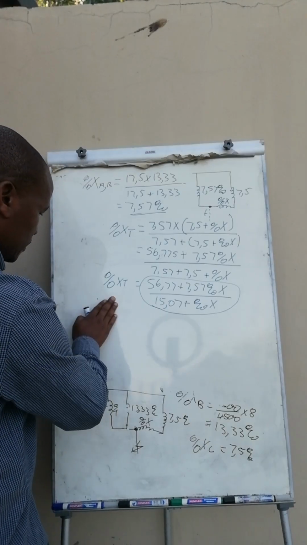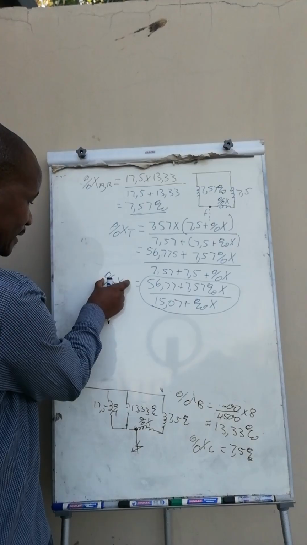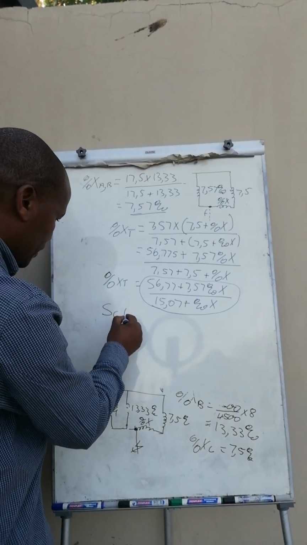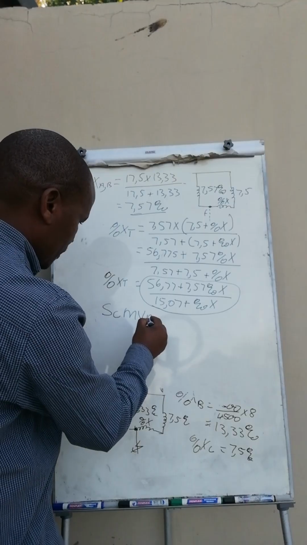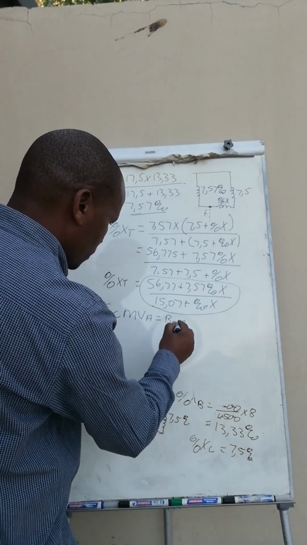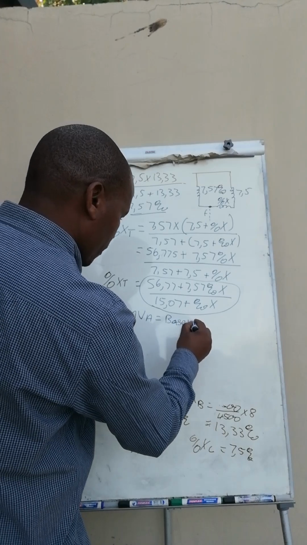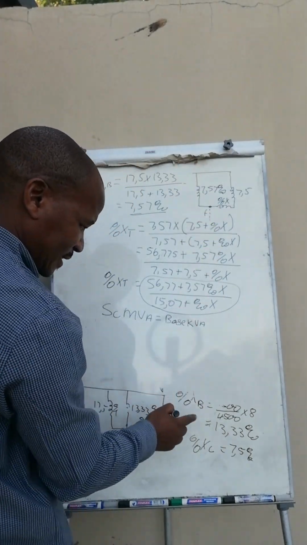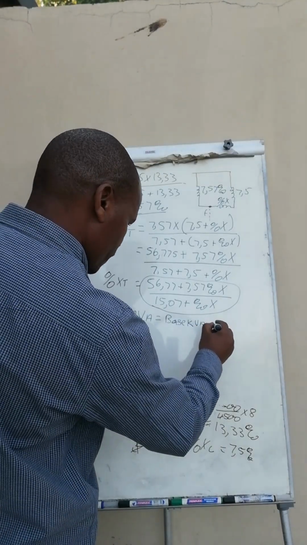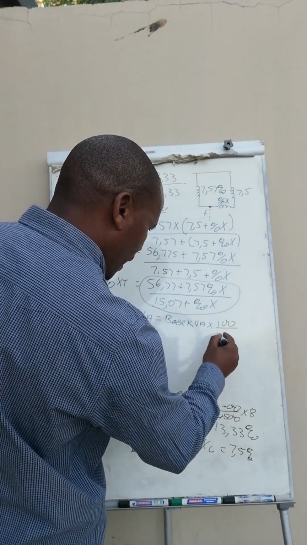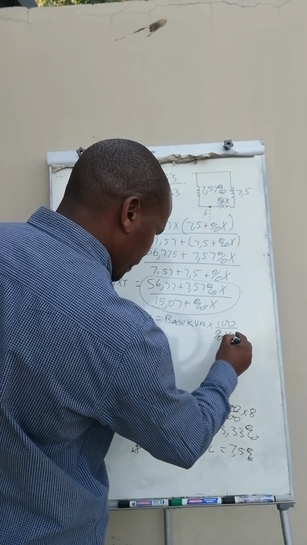Now that we've got the percentage reactance, we know that the short circuit MVA is equal to the base kVA, the selected one, I think it's 7,500, multiplied by 100 over percentage XT.